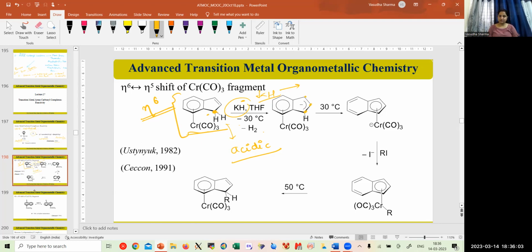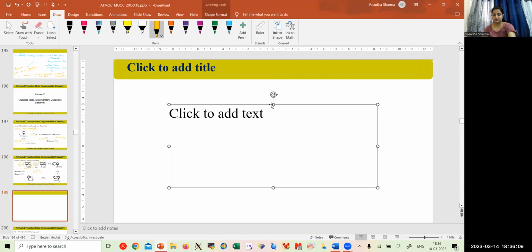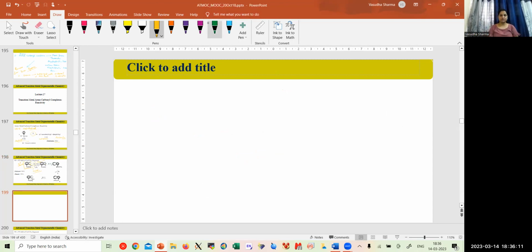So, if negative is here, it can come in here and then this becomes a resonance. It is not clearly pictured over here. I can show you.